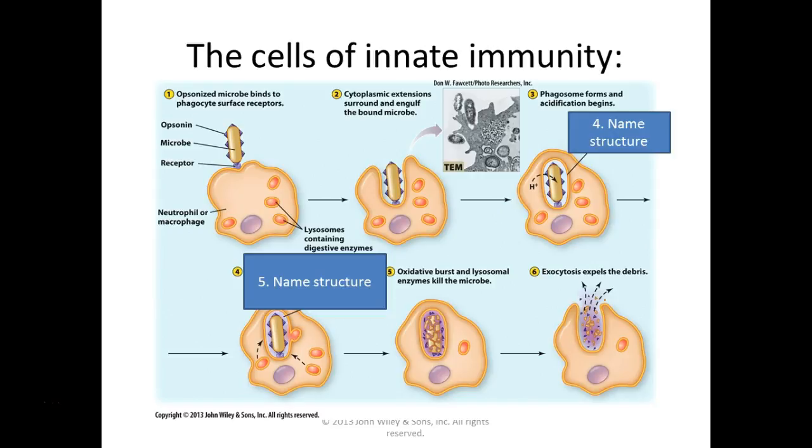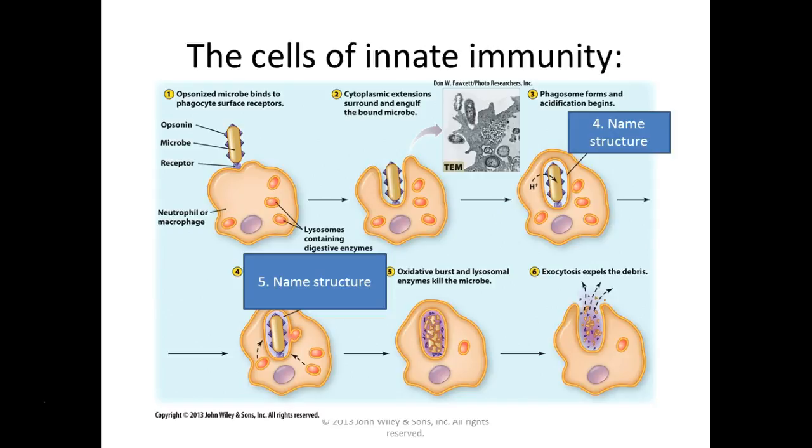Why does it not work against gram-negatives? They have a little layer of peptidoglycan, but what do they have that surrounds the peptidoglycan and stops the enzyme from getting to it? You got it, Christian. What do we call that membrane? That one has a specific name. That's the outer membrane.